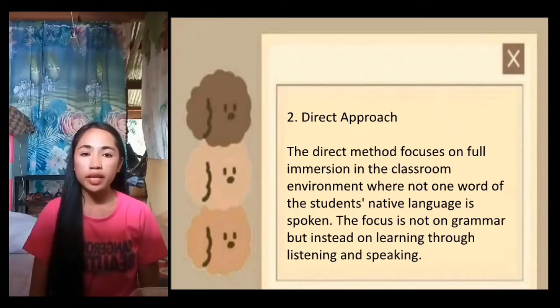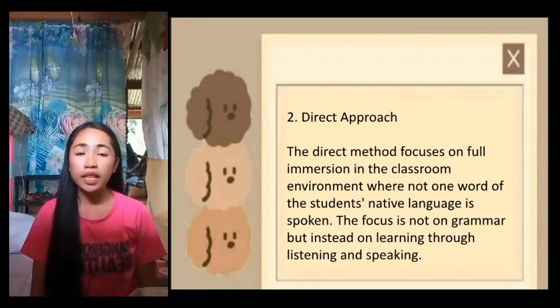The second one is direct approach. The direct method focuses on full immersion in the classroom environment where not one word of the student's native language is spoken. The focus is not on grammar, but instead on learning through listening and speaking.